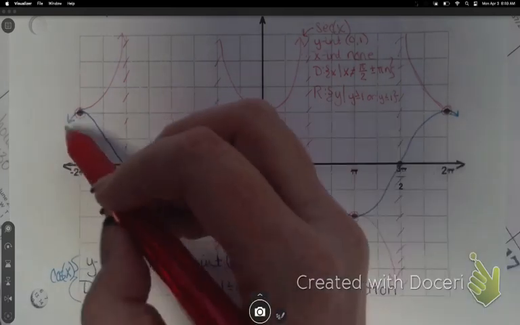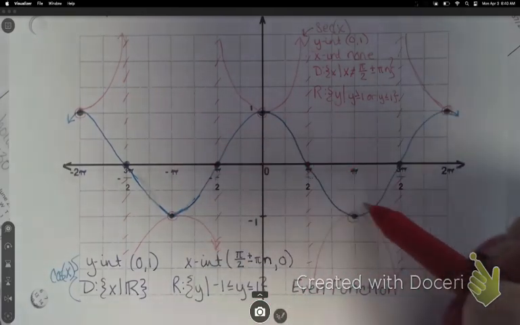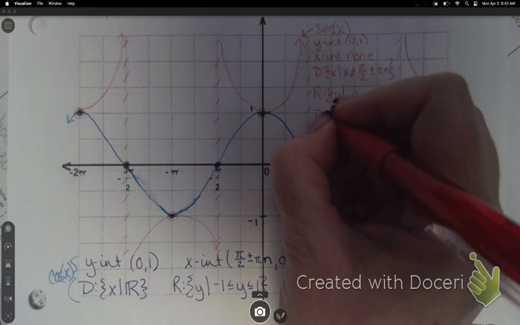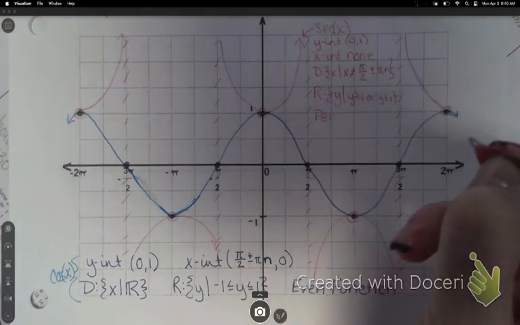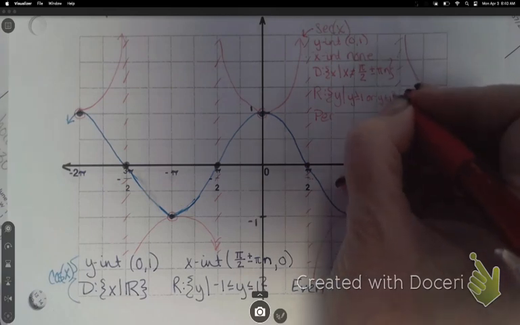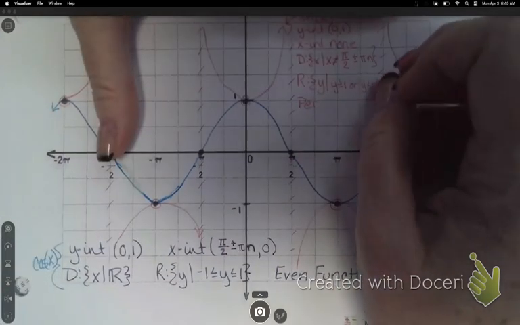Because there's nothing in this middle part, is it? Oh, yes. That should be a -1. I was trying to squeeze it in and I didn't.